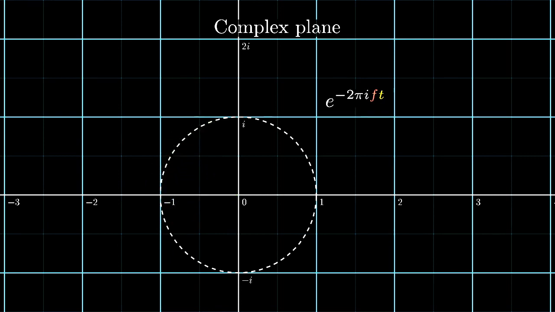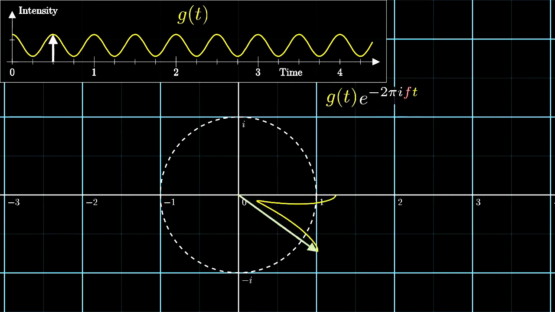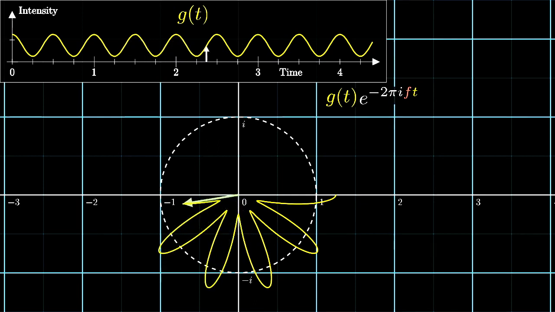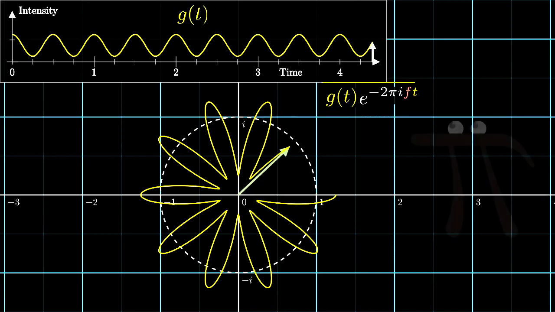Now, take some function describing a signal intensity versus time, like this pure cosine wave we had before, and call it g of t. If you multiply this exponential expression times g of t, it means that the rotating complex number is getting scaled up and down according to the value of this function. So you can think of this little rotating vector with its changing length as drawing the wound-up graph.